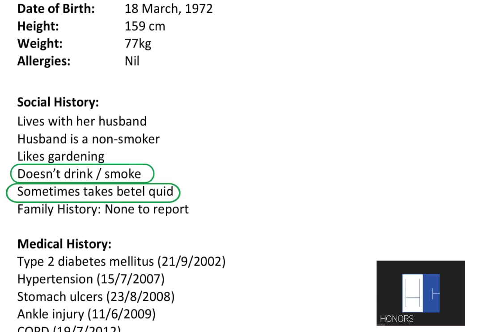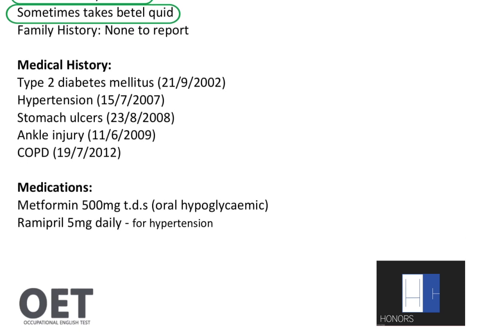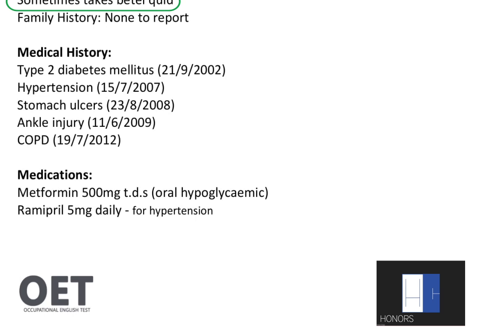Alright. Medical history. There are some history like diabetes mellitus, hypertension, stomach ulcers, ankle injury, and COPD. Now, we'll be just writing about the COPD. Now, regarding the medications, nothing related to COPD, so we can avoid that.